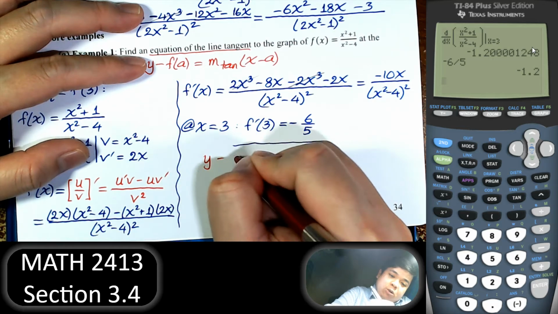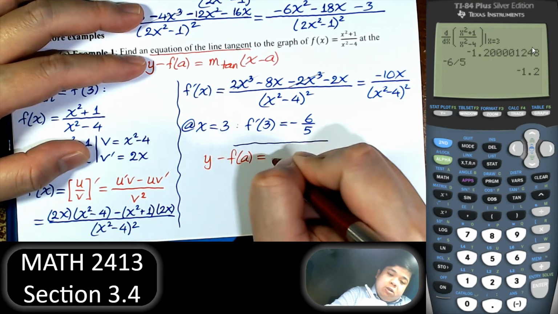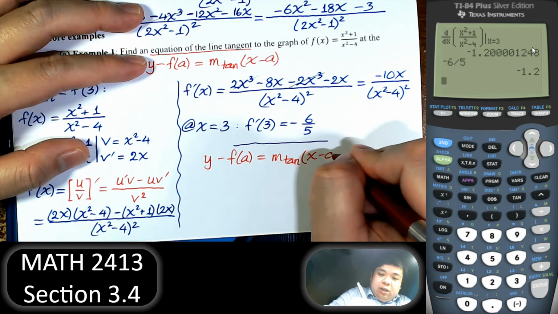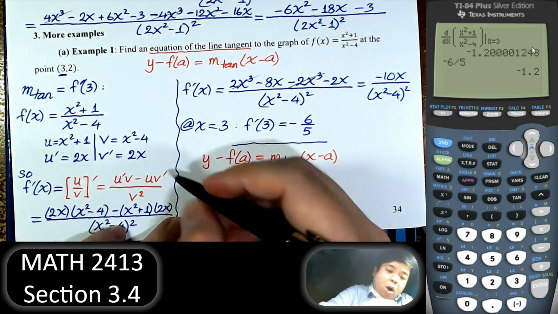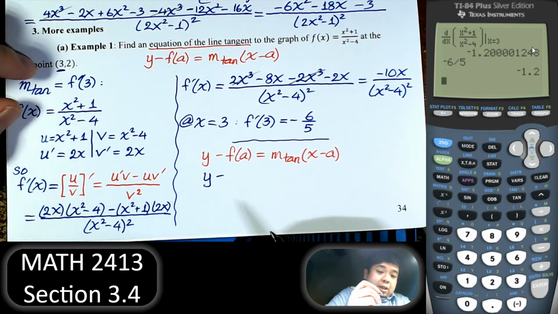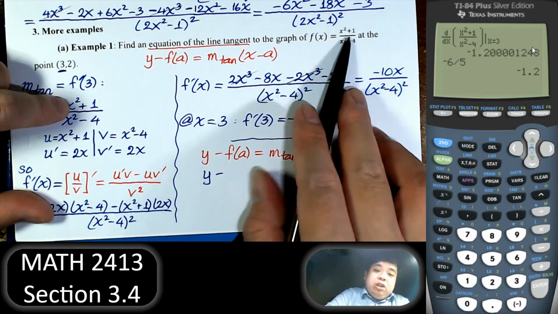y minus the value of the function equals the slope of the tangent line times x minus a. If we are not given the value of the function, we need to put 3 back into this function.